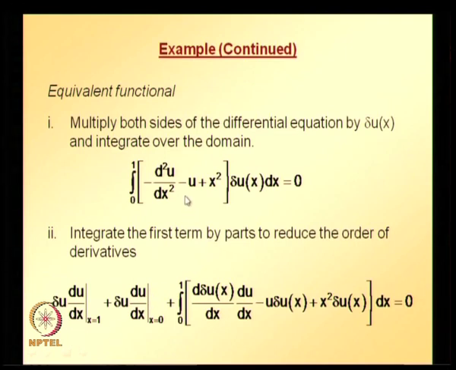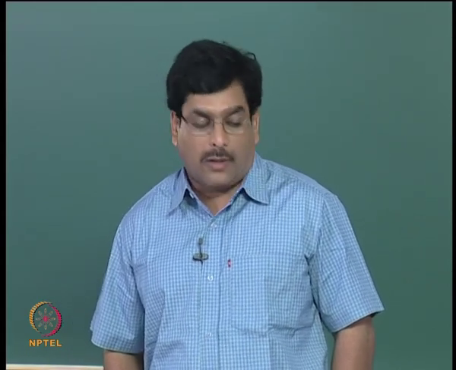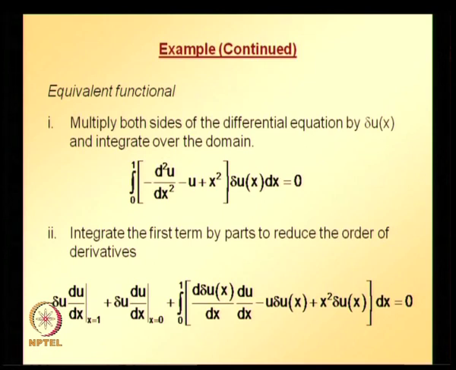You just apply integration by parts to the first term, you get this term plus this term and this term, and the remaining terms are as they are here. u times variation of u is already there, and x square times variation of u is already there. This is how you can reduce the order of differentiation, because that helps us in putting less demand on the continuity of the approximate solution, or trial solution, that we are trying to use.